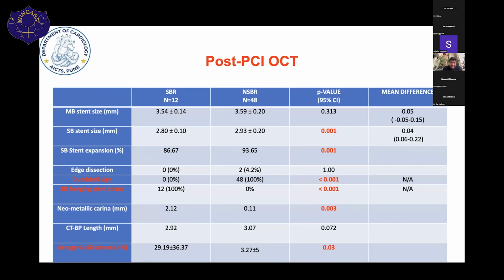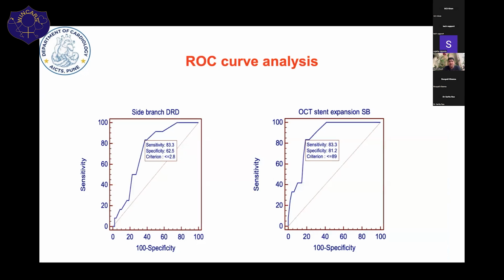And this was the bivariate analysis. When we did the multivariate analysis, we found that side branch distal reference diameter and OCT stent expansion of the side branch were the independent predictors of side branch restenosis.